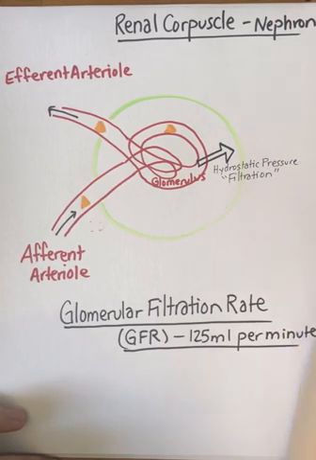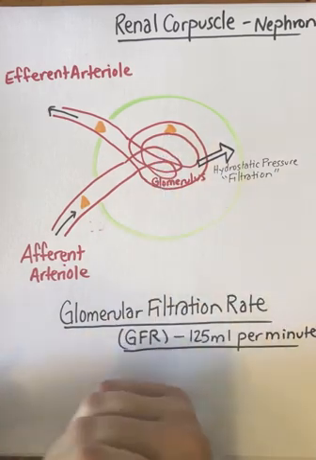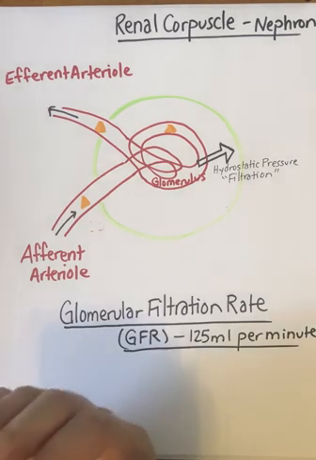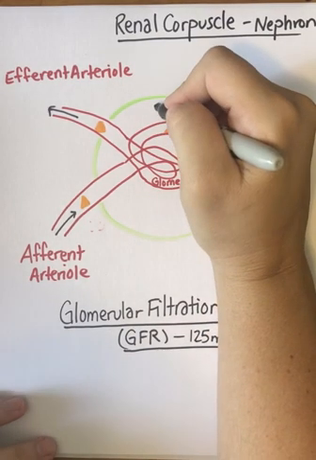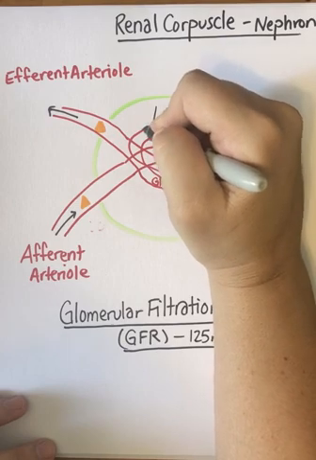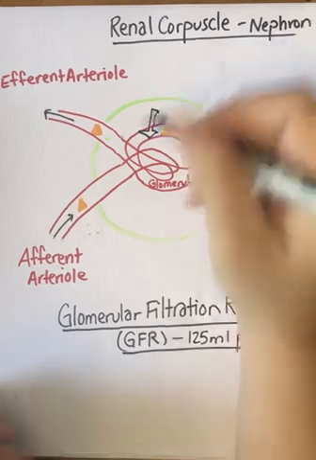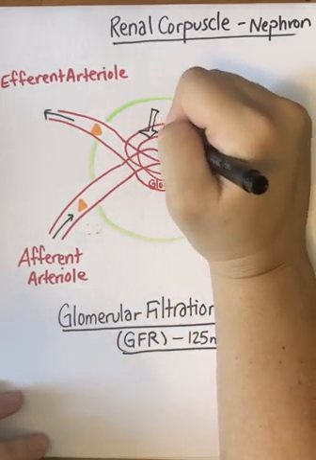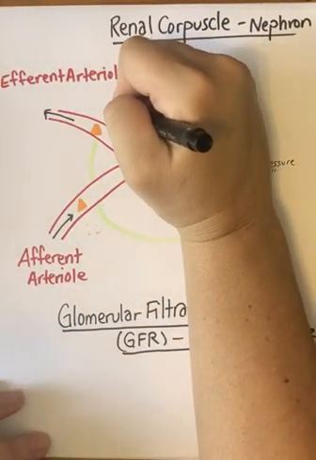Now, we also remember that we have albumin, which is too large to exit, so we also pull some of that back in. So we pull water back into the glomerulus so it can exit, because you have albumin right here. So we would call this blood.